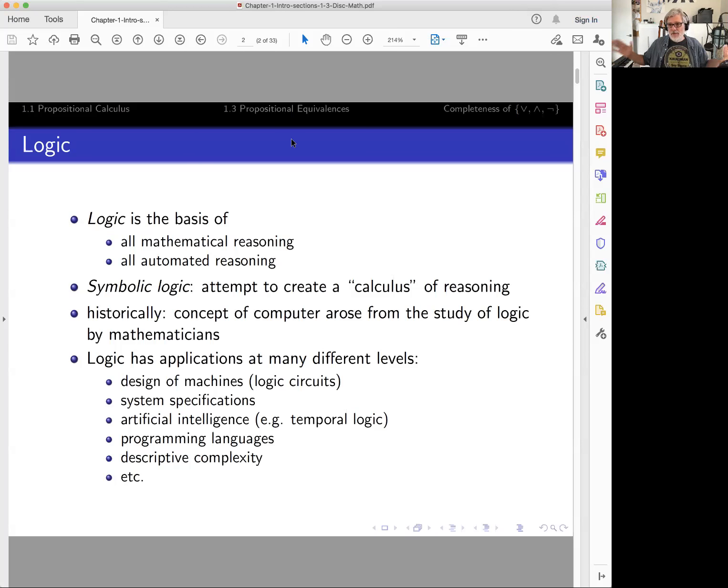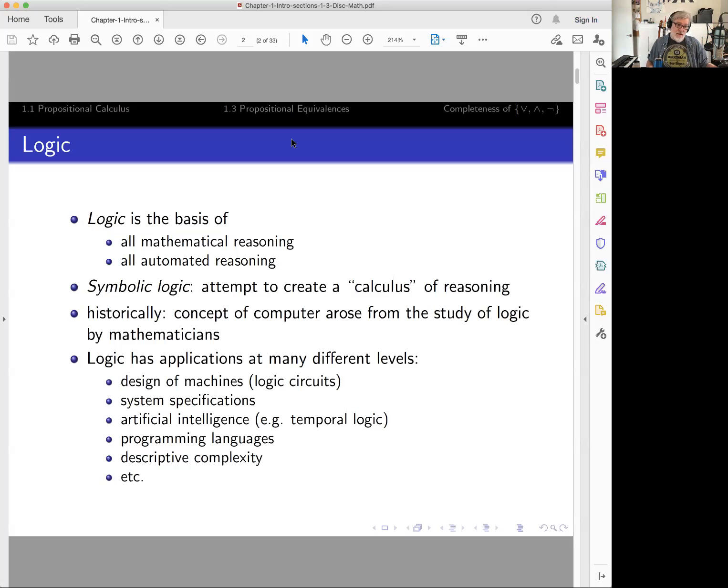The idea behind it is to create a calculus of reasoning, to have an algebra of reasoning. That would be the idea behind symbolic logic, which has worked up to a certain point, but that's a long story.